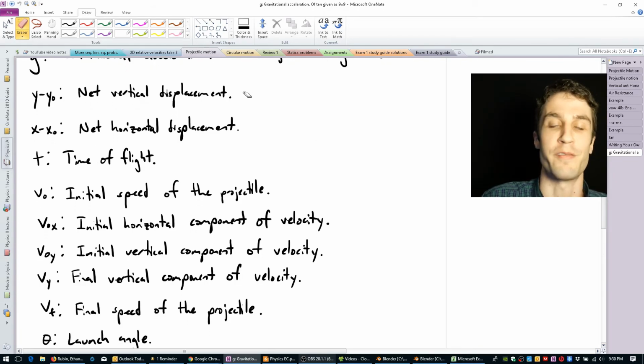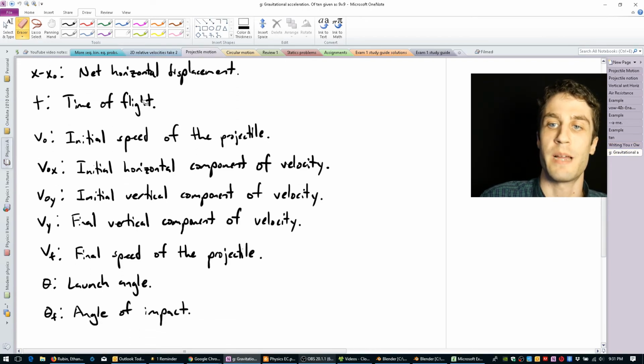y minus y naught, the net vertical displacement. I could have written y and y naught separately, but typically one of these is going to be 0. So specify one of them, specify that the other one is 0, and you've pretty much done your job. x minus x naught, your net horizontal displacement. Same story there. t, your time of flight.